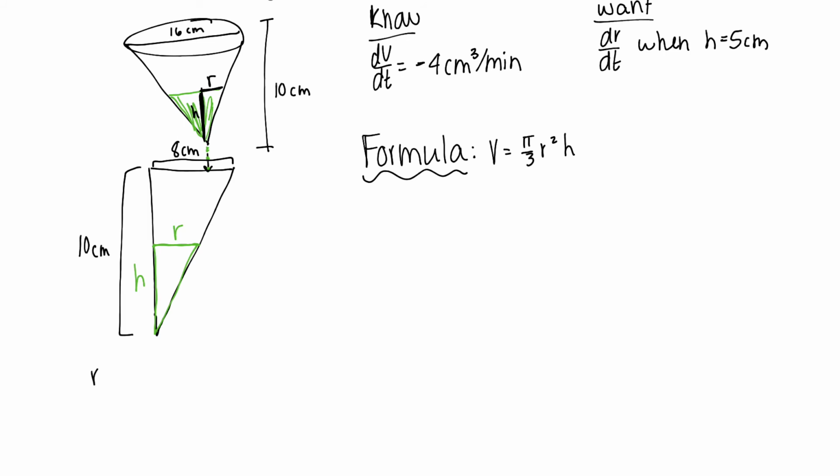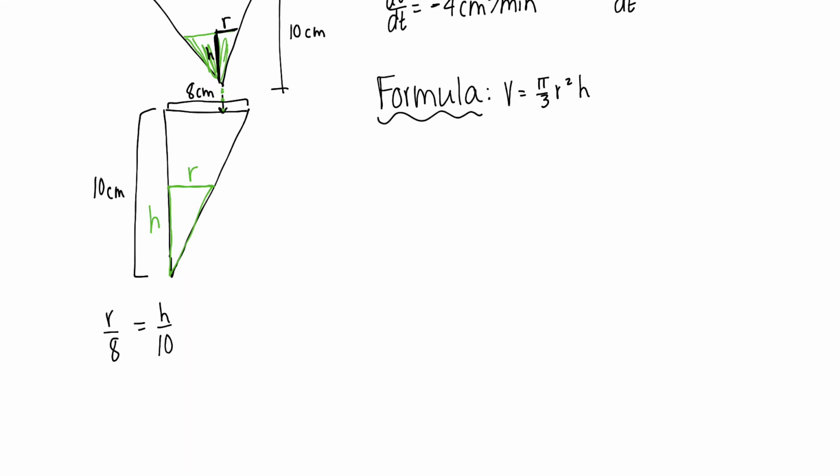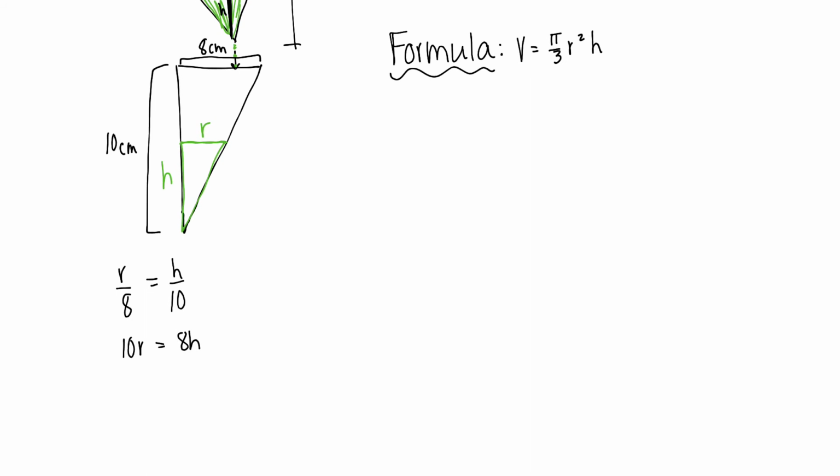So we have r is to 8 as h is to 10, and you can cross multiply, so 10r is equal to 8h. And we want to get rid of h, which means we want to solve for h here. So I'll divide both sides by 8 and get h is equal to 10r over 8, or 5r over 4. We're taking this, 5r over 4, and plugging it in right here.